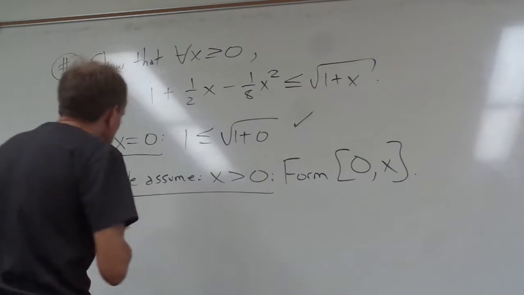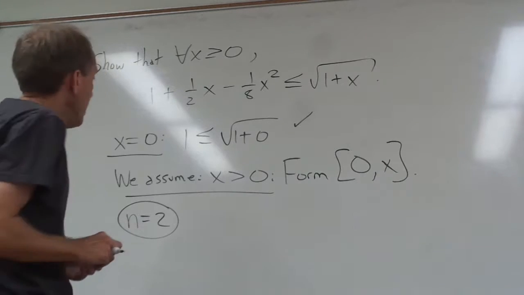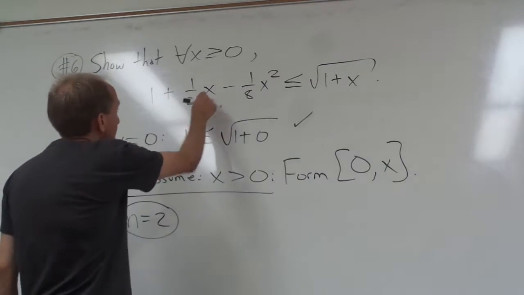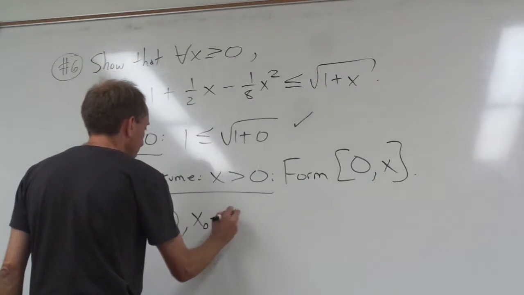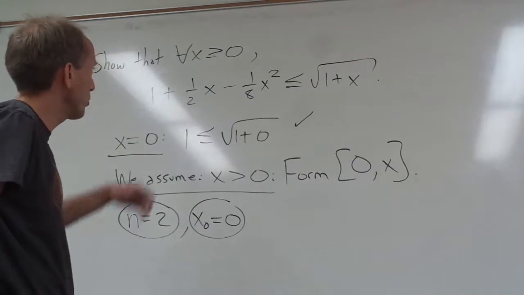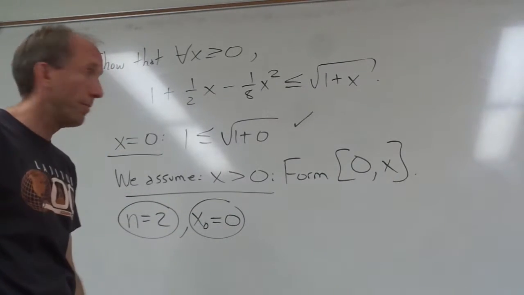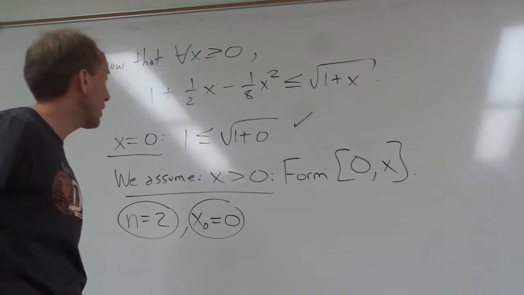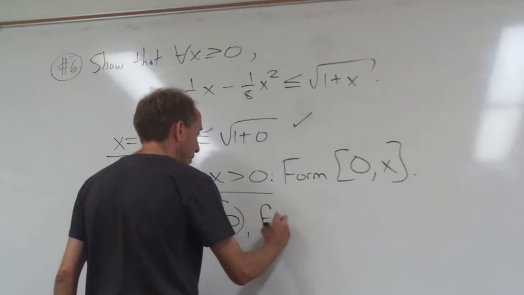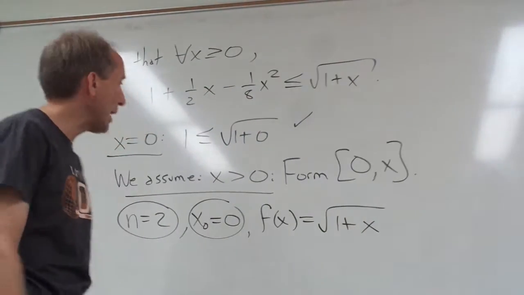This Taylor polynomial looks like it's being used with n equals 2. And it looks as if the x naught point, remember in Taylor's theorem there's an x naught, some fixed point about which you're centering the Taylor polynomial, appears to be 0 from what we have right here. And then of course, as I mentioned earlier, the function looks to be the square root of 1 plus x.